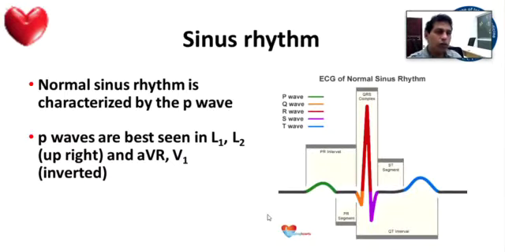Then we'll talk about sinus rhythm. What are the ECGs that you can see in sinus rhythm? Of course, a normal ECG is in sinus rhythm, and that is characterized by having a P wave. Right?